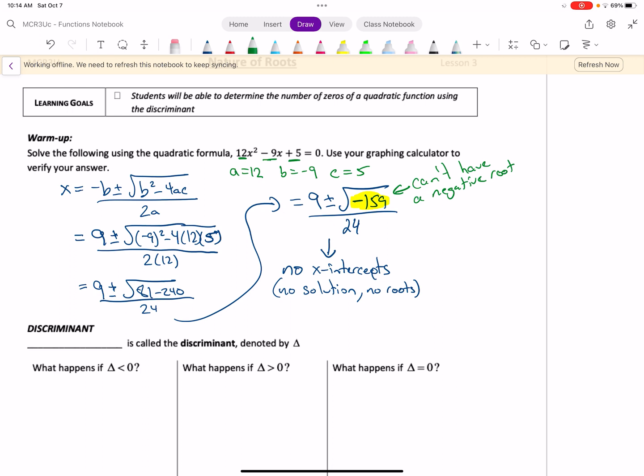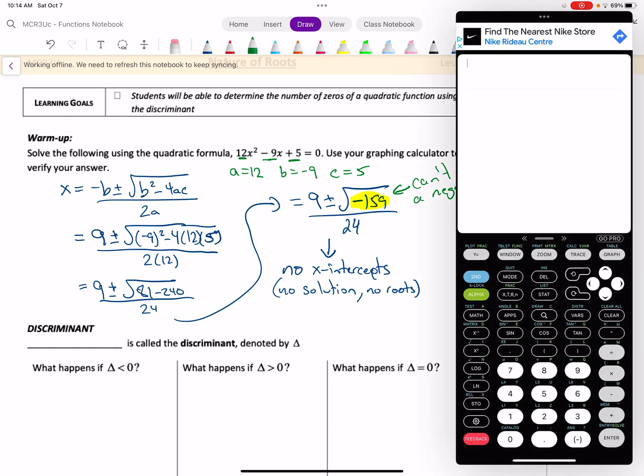So if you were to graph this, let's just take a look here. If you go take your graphing calculator, go to y equals, and you were to type in the equation that we had, 12x squared minus 9x plus 5. So you go in there, you type that in, and you go to graph. This is what you see. You ultimately have this parabola that is above the x-axis, and so it never crosses the x-axis because it's opening up.